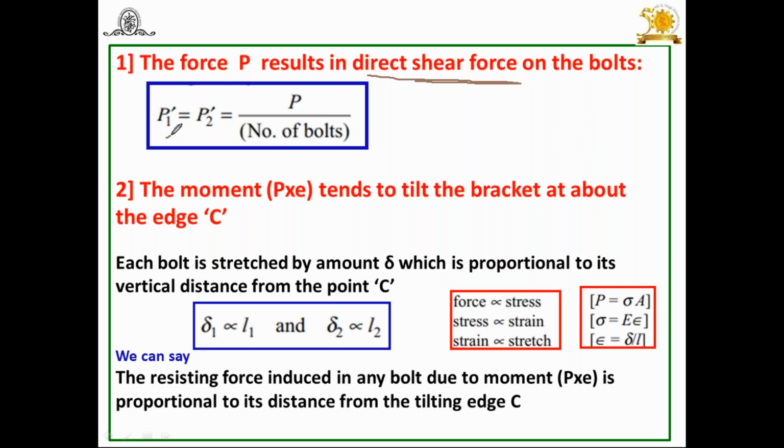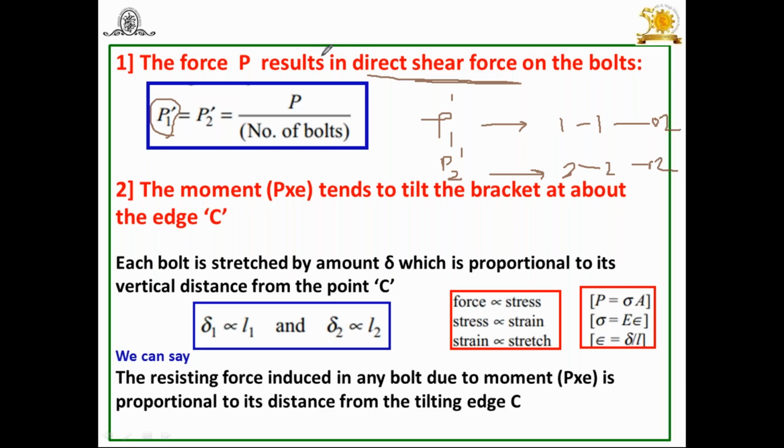Now, the nomenclature used: P1 dash is the direct shear force at position 1. At position 1 there are how many bolts? 2 bolts. Try to understand. And P2 dash is the direct shear force at position 2, and there are also 2 bolts.